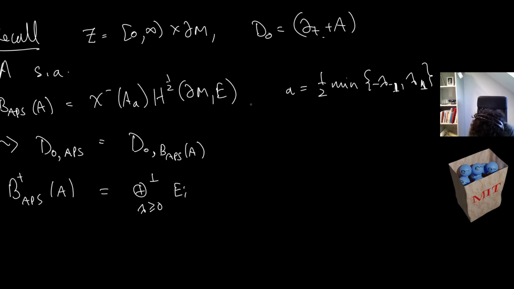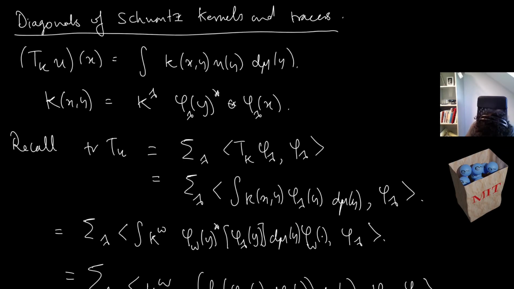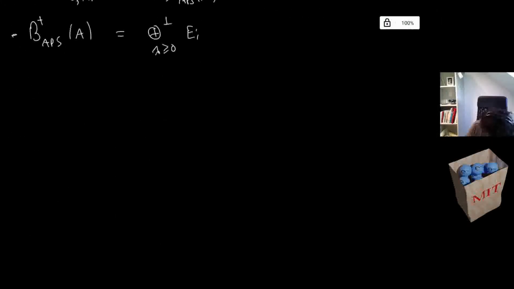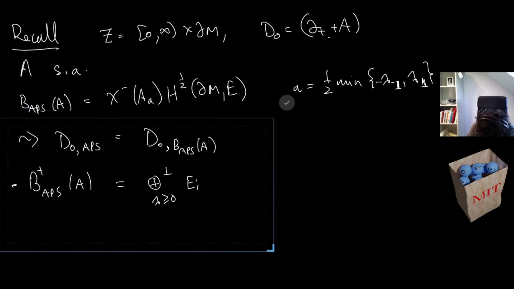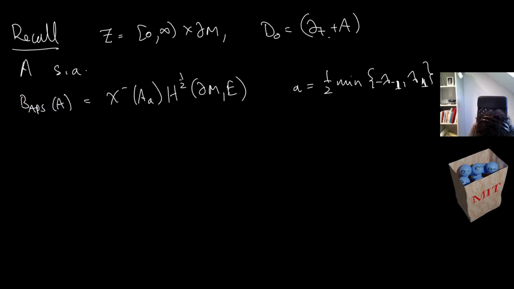Okay, so I should have said here that these are the negative eigenspaces of the operator. Right, that's what this is precisely.